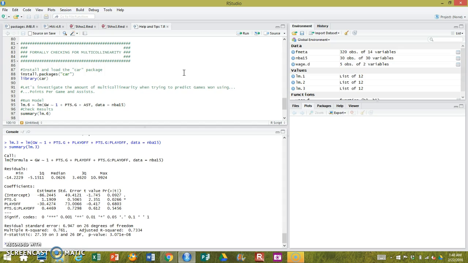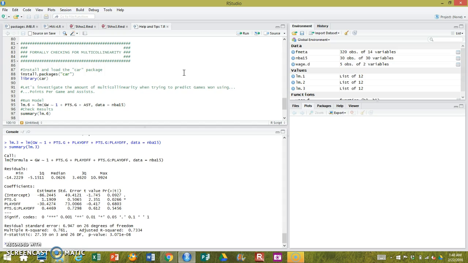There may be theoretical models that need certain variables. So even if there's multicollinearity, if theory says I need these three variables in my model, then that's what you would go with based on that theory.